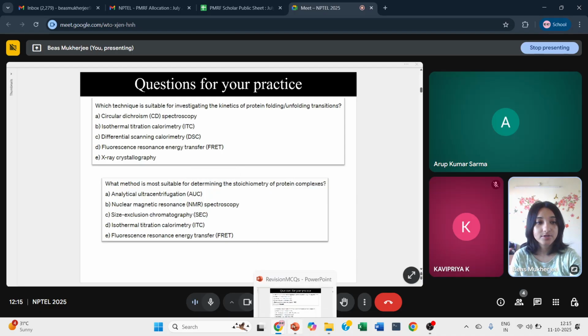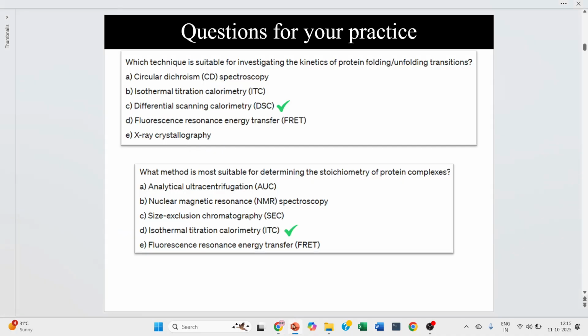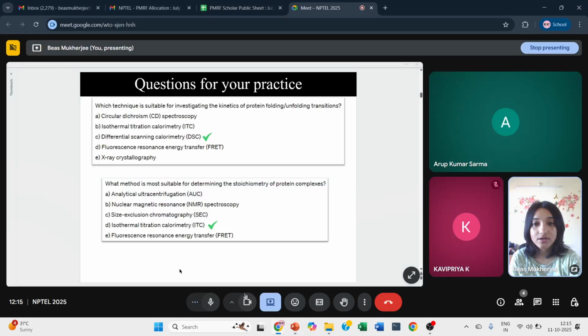Okay, let's look at the right answers. I think there is a mistake in the second question. For the first question, the right answer is differential scanning calorimetry.